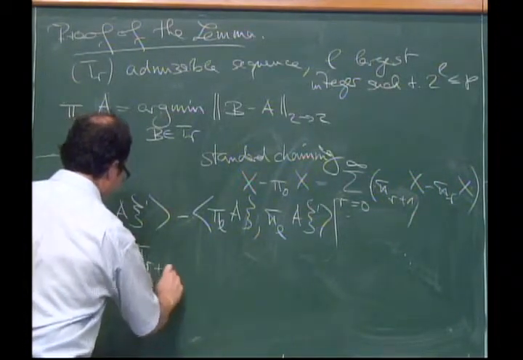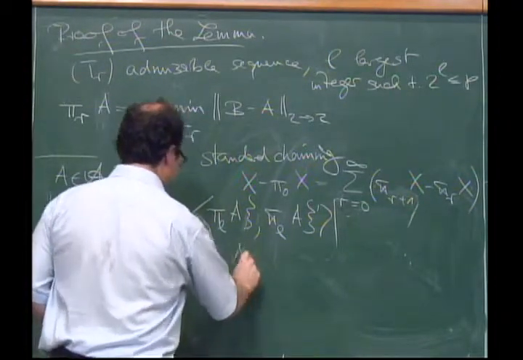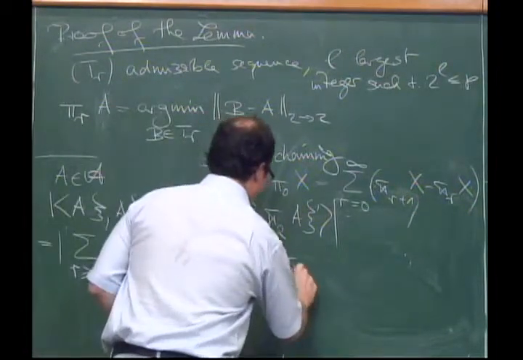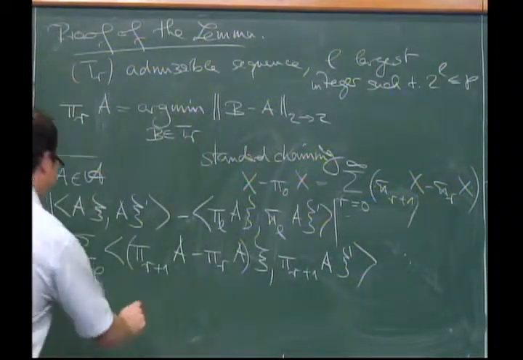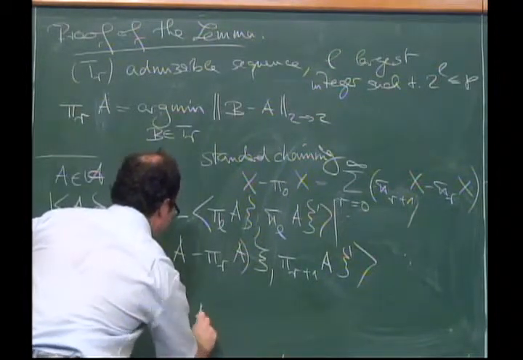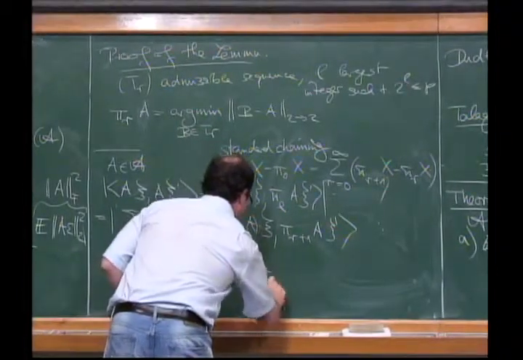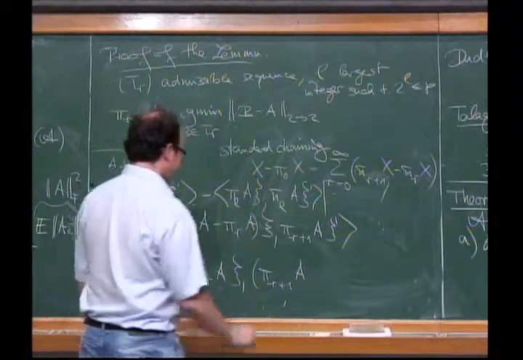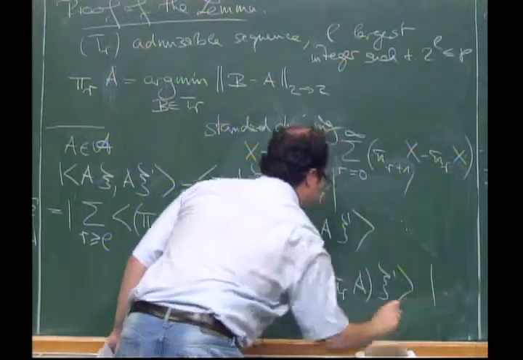We here have pi_{r+1}A minus pi_r of A applied to xi, and pi_{r+1}A xi prime minus a similar term pi_r A xi, and then pi_{r+1}A minus pi_r A applied to xi prime.